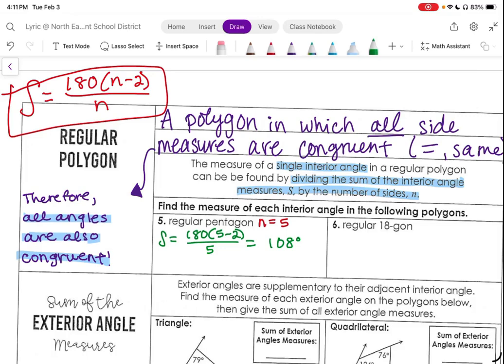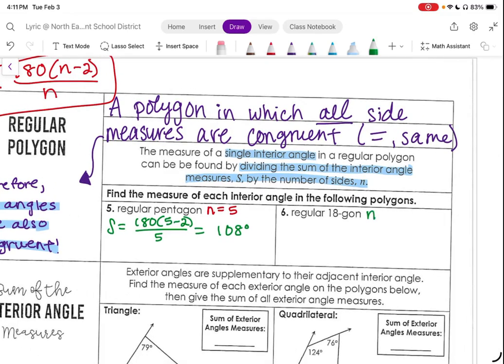If you guessed 18, then you are a genius. So let's plug it into our formula. We get S equals 180 times 18 minus 2 all over 18. And you can put that whole thing in the calculator. I don't have a calculator near me, so hopefully you got the answer there. And I will make sure you have an answer there tomorrow so I know you actually did it.